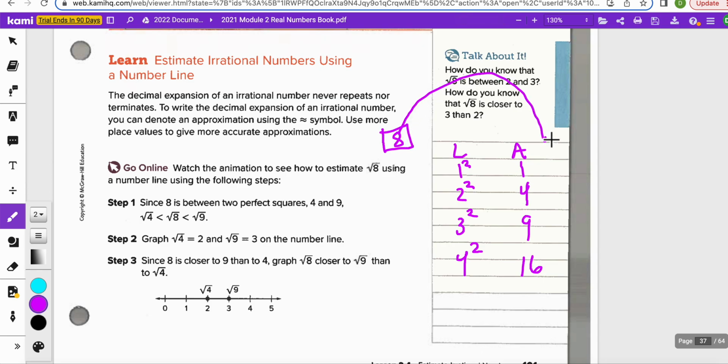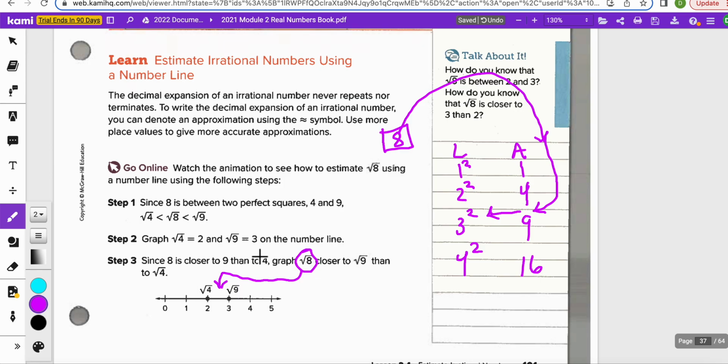Where does this fall between my areas? It doesn't fall between 1 and 4. In fact, it falls somewhere between 4 and 9. So the area of this square is going to fall between 4 and 9, which means its side length has to be somewhere between 2 and 3. And that's what you can see here. This square root of 8 is going to fall somewhere on the number line between 2 and 3.